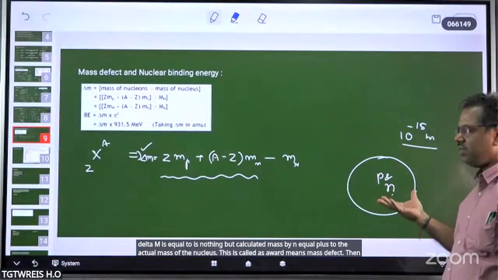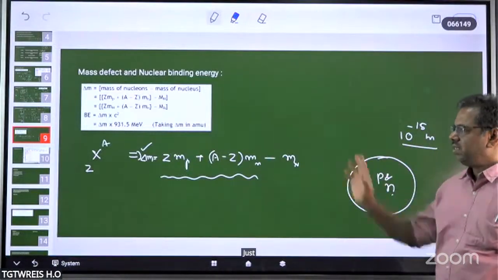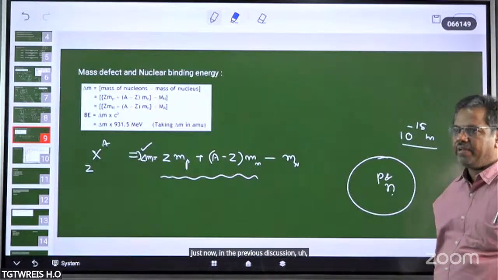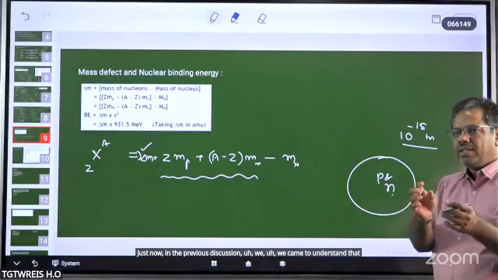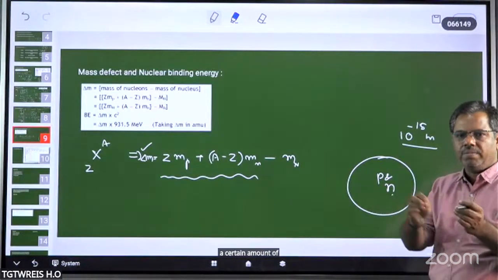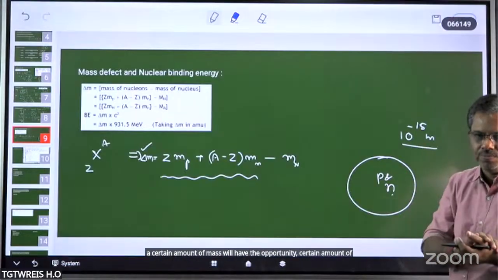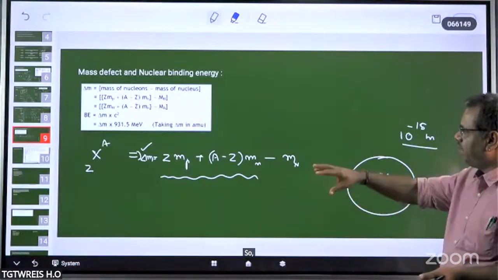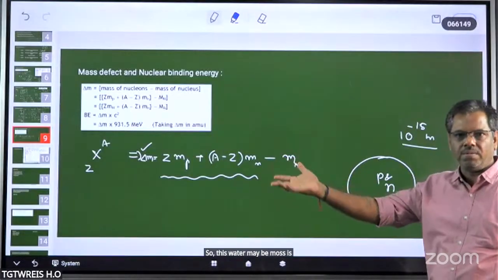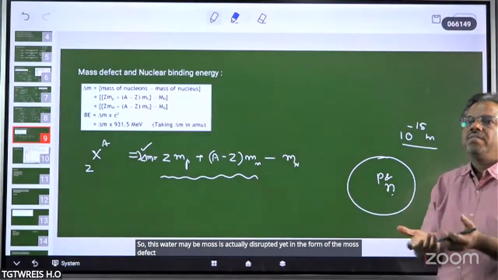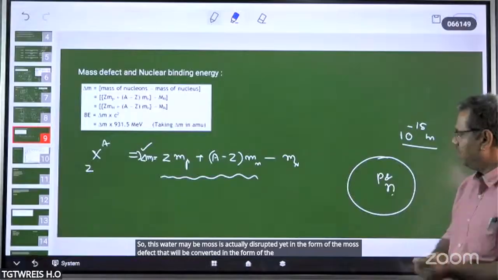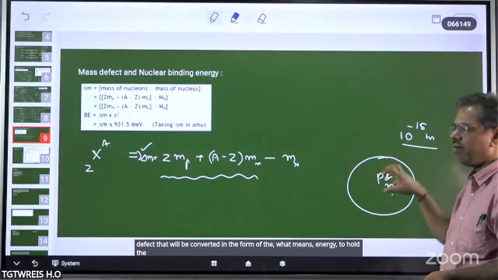Then where has this mass gone? In the previous discussion, we came to understand that a certain amount of mass corresponds to a certain amount of energy. So whatever mass disappeared in the form of the mass defect is converted into energy to hold all the nucleons together.